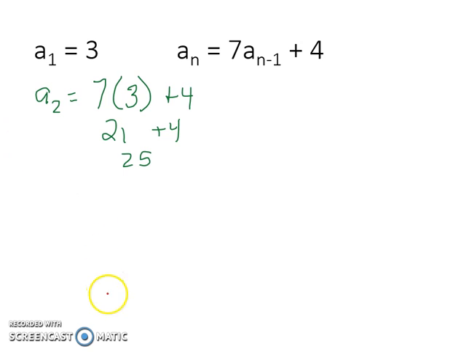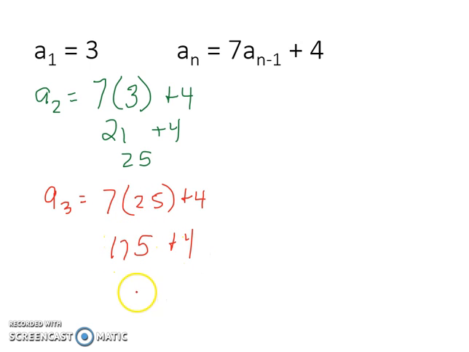A sub 3 would be 7 times our previous term, which is 25, plus 4. So we see we're already getting pretty big numbers. So 7 times 5 is 35, carry the 3 is 175 plus 4. So it makes it 179.